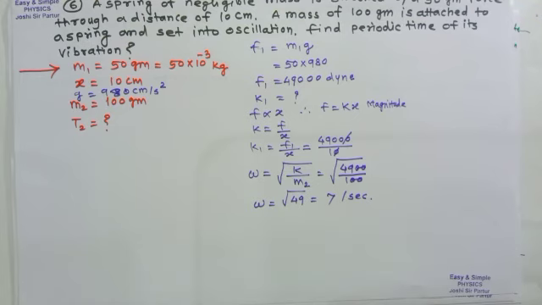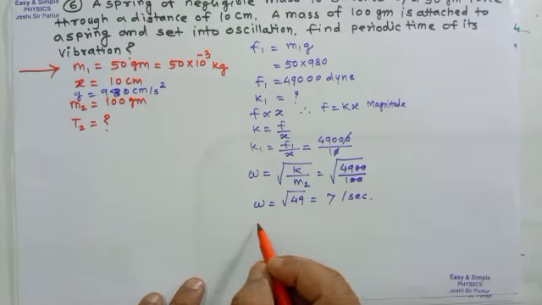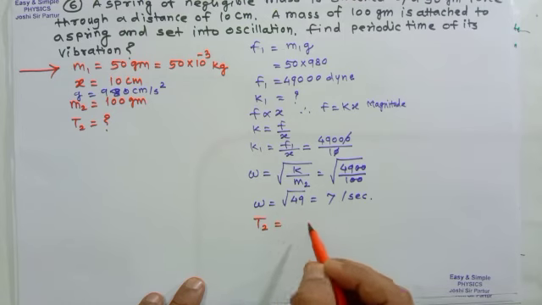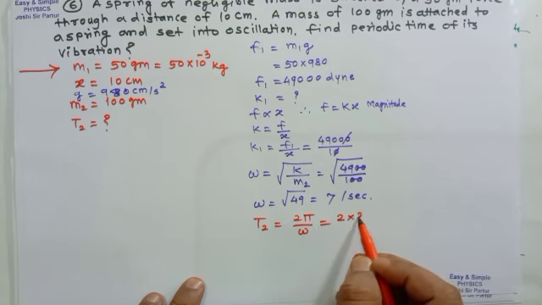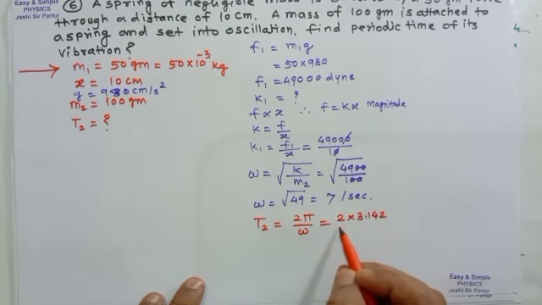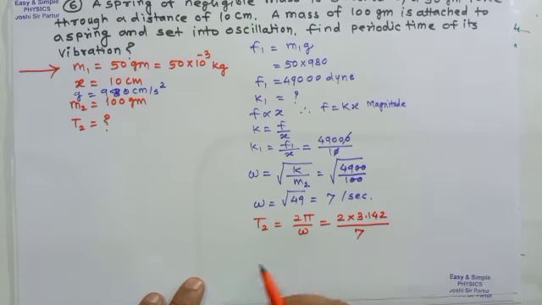So the time period for the second will be T2 is equal to 2π upon omega. It will be 2 into 3.142 divided by 7. So if we multiply, 6.284 upon 7.